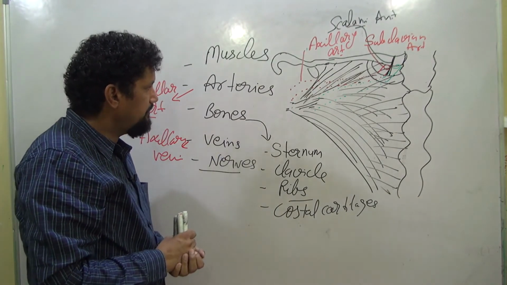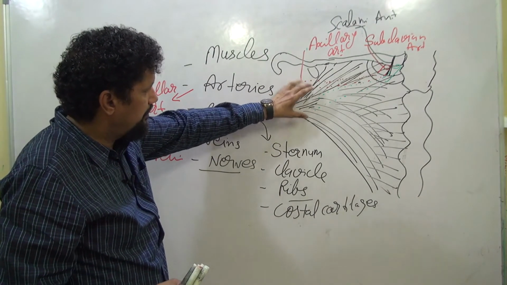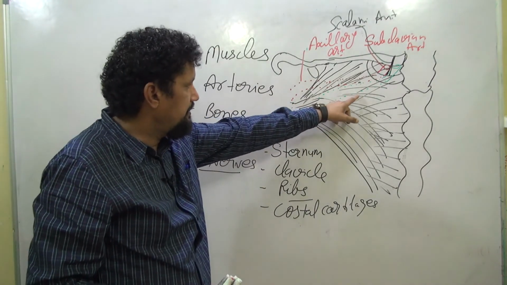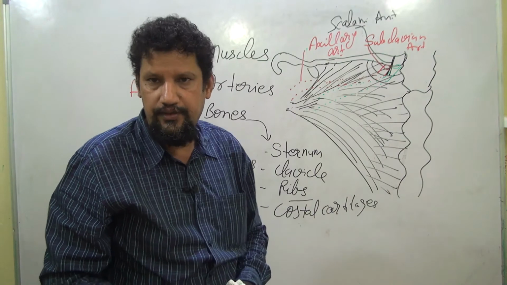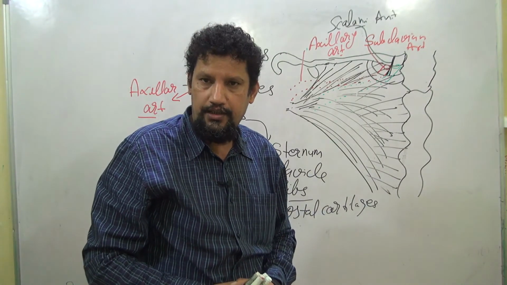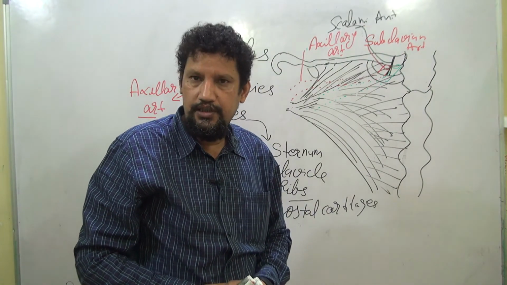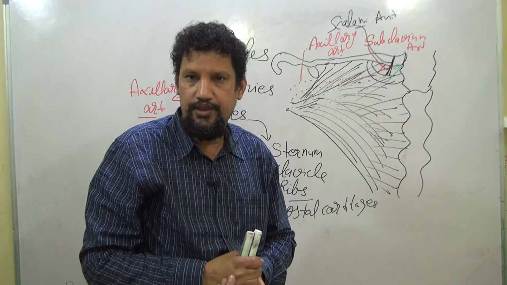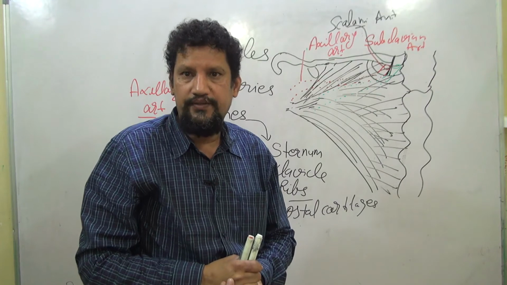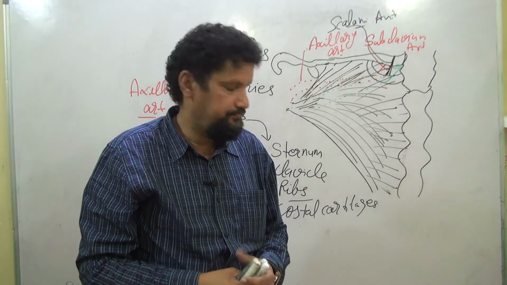So these are the veins, and all the tributaries which are draining into the axillary vein, like the cephalic vein, the basilic vein, directly or indirectly, the lateral thoracic, subscapular, and all accompanying veins of the branches of the axillary artery.